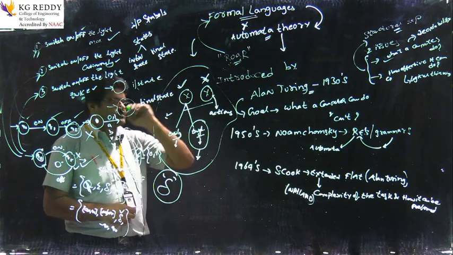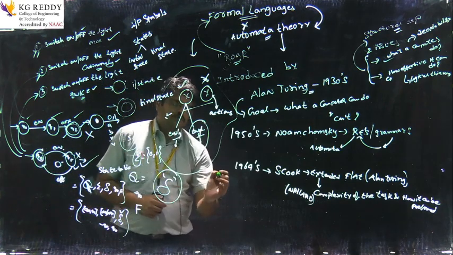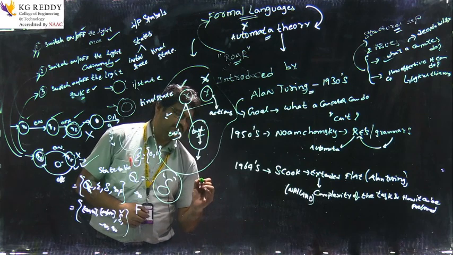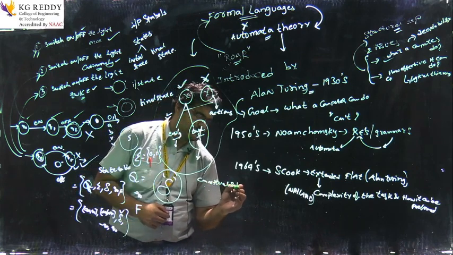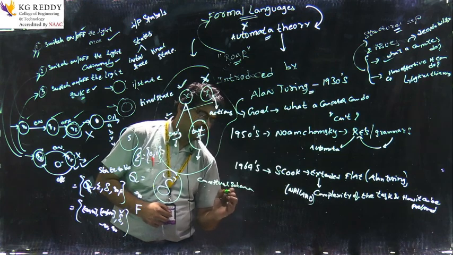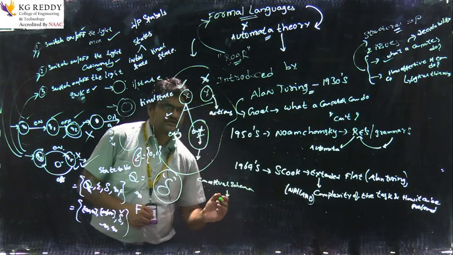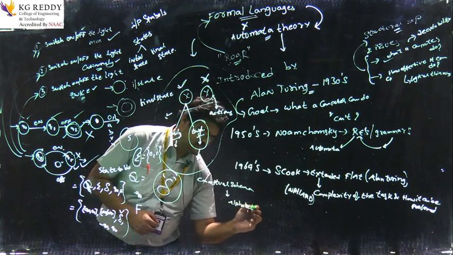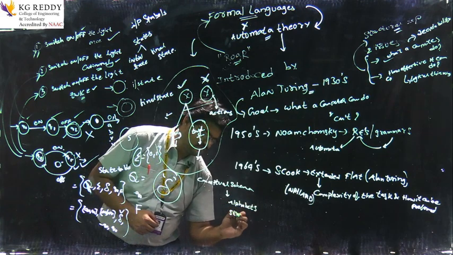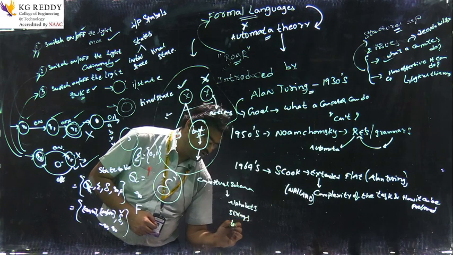So here, based on these strings, we need to discuss the conceptual schema. The conceptual schema concentrates on alphabets, strings, language.